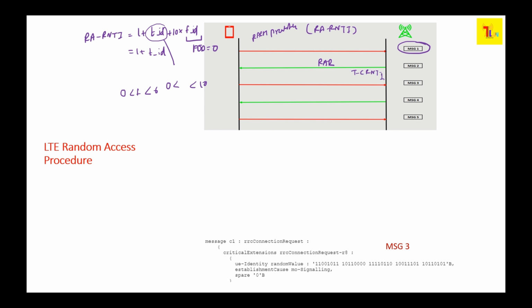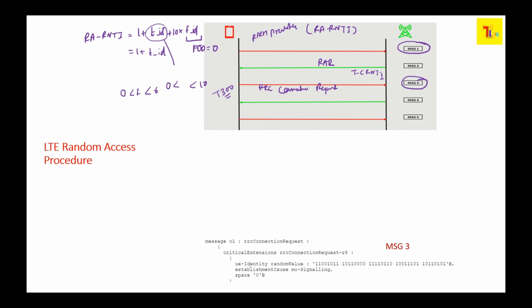along with the TC-RNTI. Once it sends message 2 to the UE, the UE is going to send message 3, which we call the RRC connection request, and at that particular time your timer T300 is going to start. This RRC connection request message is sent by the UE to the eNodeB.